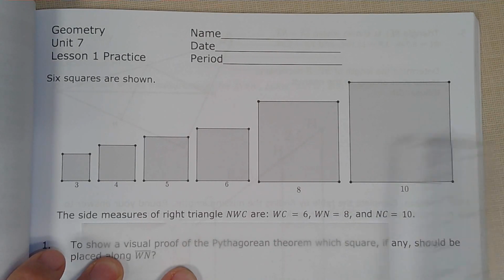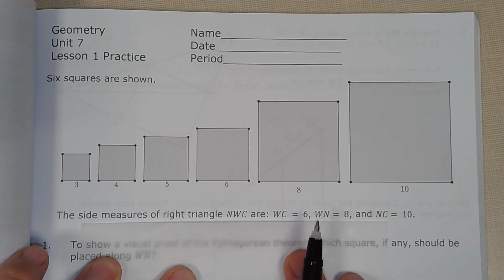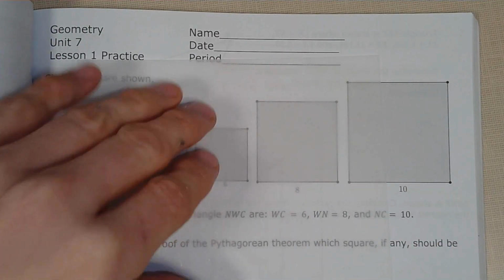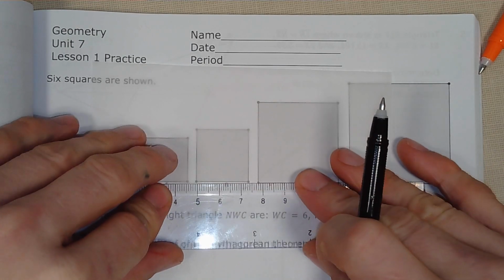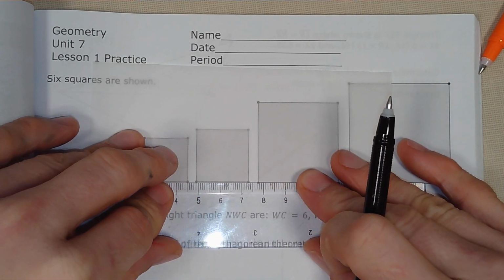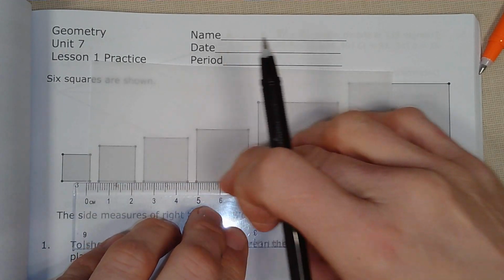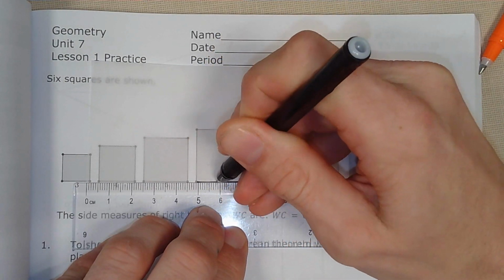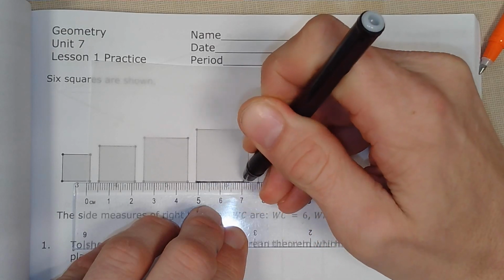So I'm going to make WC 6. I'm going to use some patty paper to do that, and a straight edge to make sure I'm nice and straight. I'm going to use this black pen, 6.